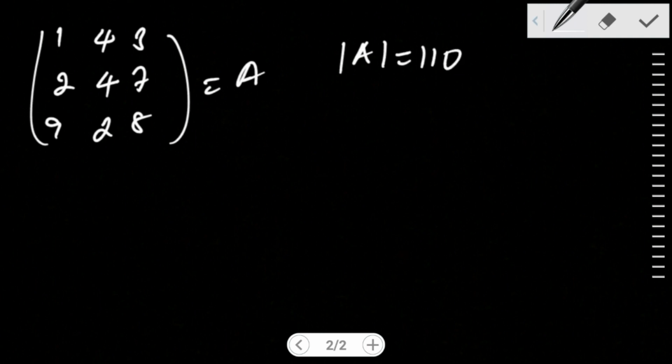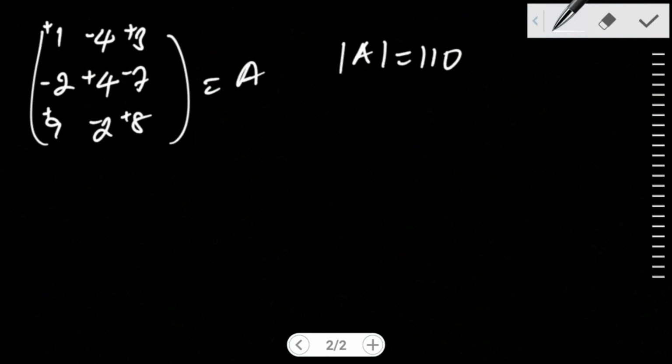The next step is to assign each figure a sign and determine the cofactor of each, so this will be positive, minus, positive, minus, positive, minus, positive, minus, positive.